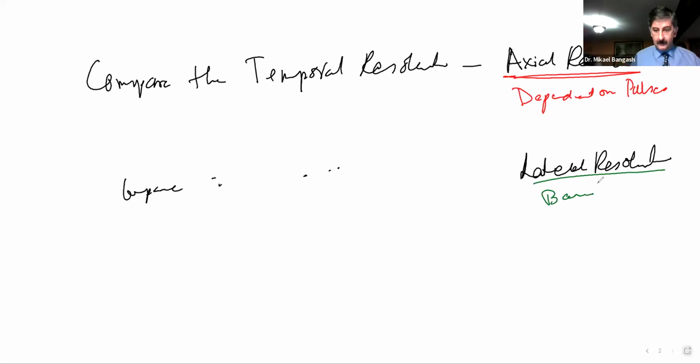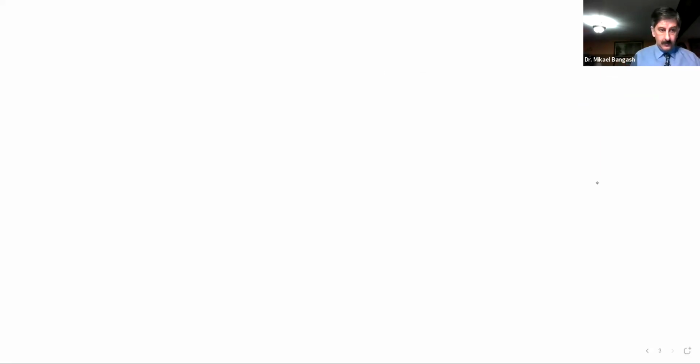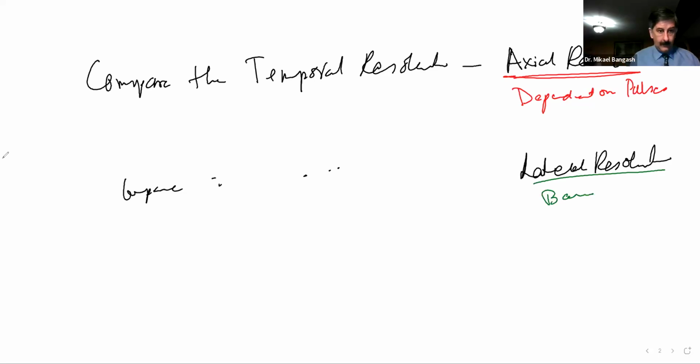Now, guys, to do that, let's just go back here. If your temporal resolution is good, that mainly means your axial resolution will be bad, and vice versa.